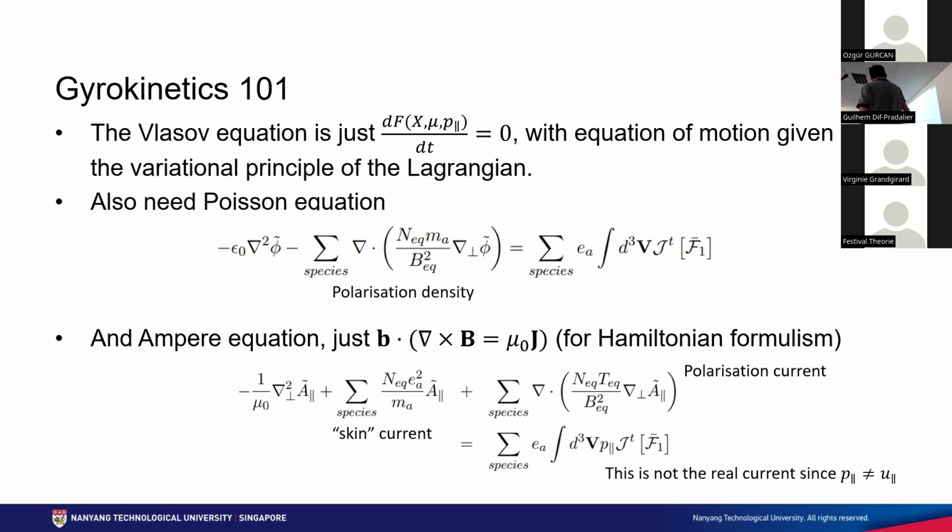However, we know that p parallel already contains a part to do with A parallel. So in order to balance this, we have to add another term on the left-hand side, which we call the skin current, such that what we are actually computing on the right-hand side is the moment of u parallel, not p parallel. So that's why we have this skin term on the left-hand side.